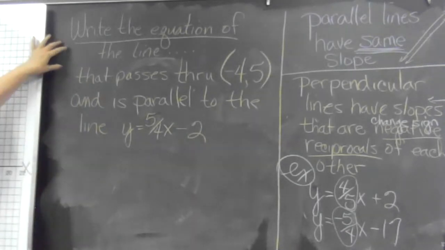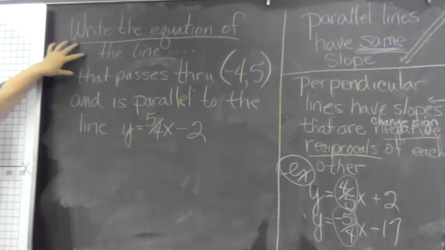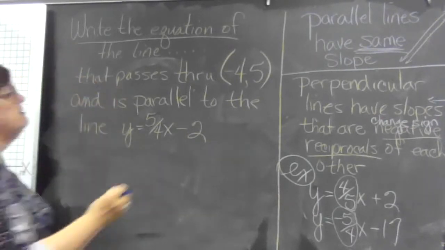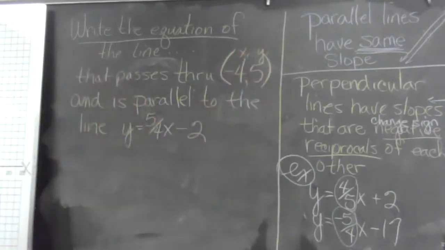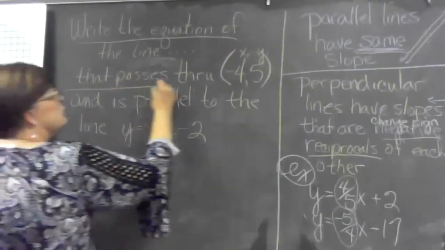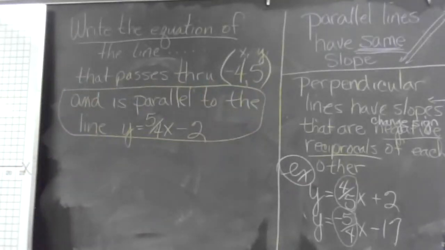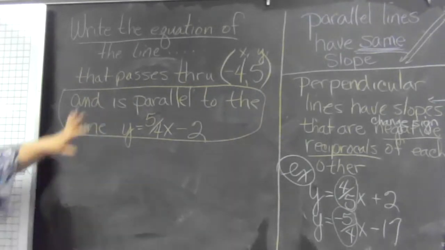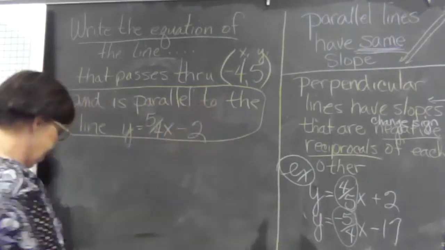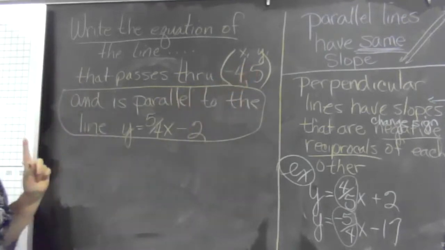Now, we know how to write the equation of a line because we know the equation for that, the y minus y1, the one we've been using all morning. We know that this is going to be x1 and y1. Here is the new stuff. This line that you're going to write the equation of has to be parallel to this line. All you need out of all of this is the slope. We have the x1 and the y1. We just need a slope.